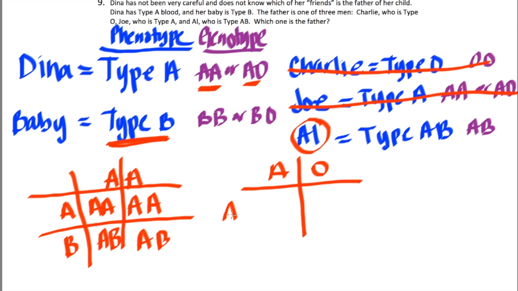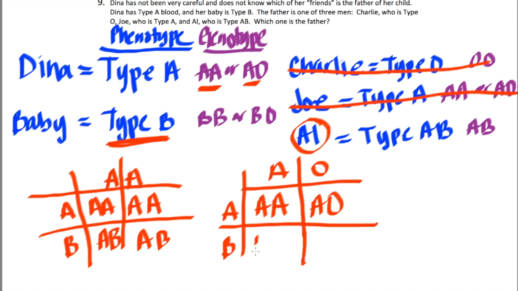But this one does, and let's take a look at it. And then here he is. This is our child right here. We know now that Al's the father, right?